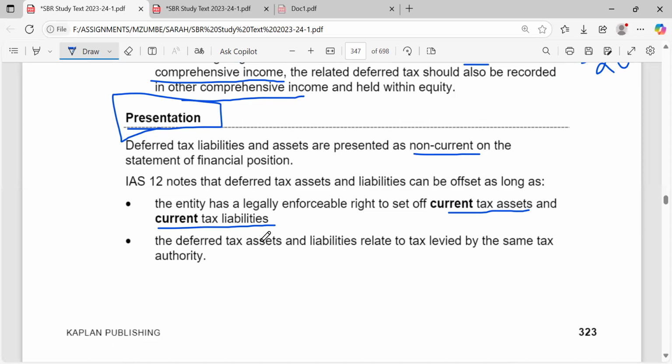When you do offset things and they come from the same tax authority, it means that nothing will have been distorted, right? As viewed by the what? By the stakeholders of the company, right? The major stakeholders like potential investors and lenders and the existing ones, right? So you can do that as long as the current components can be offset, but also as long as that deferred tax asset and liability come from the same what? Tax authority, right?